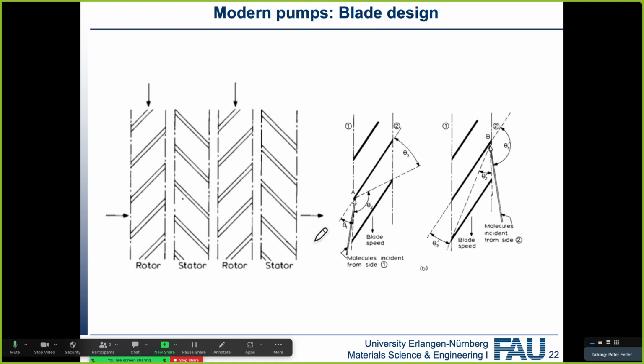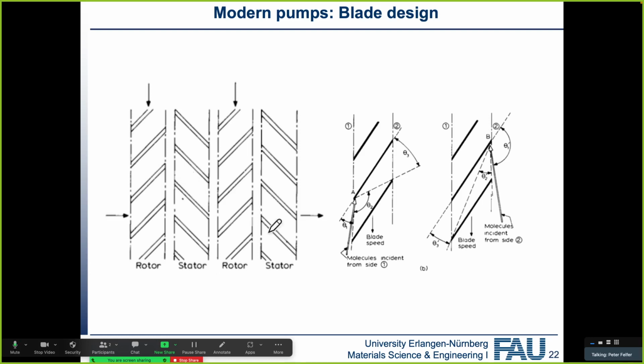Of course, this is not what modern pumps look like. Modern pumps look like turbines, but don't confuse them with an actual turbine, because an actual turbine is a gas flow device, so you will have some gas flow that you're directing. In this case, you're literally just giving the molecules an average speed that points more towards the outlet than the inlet.